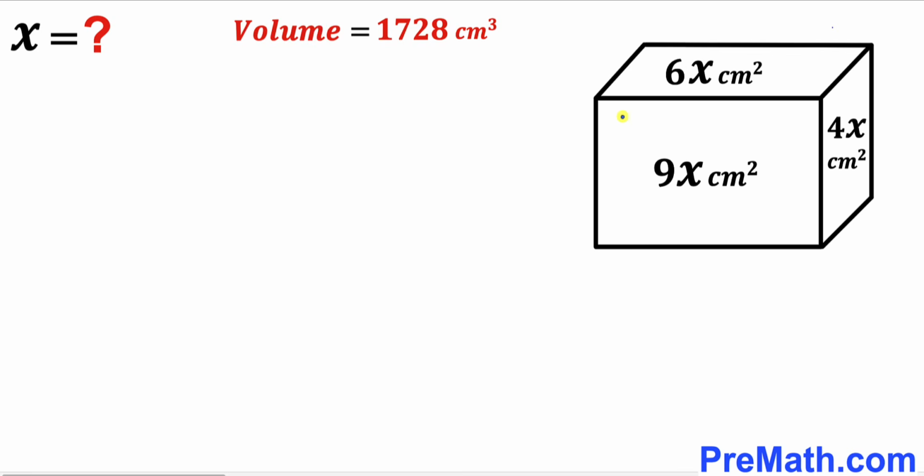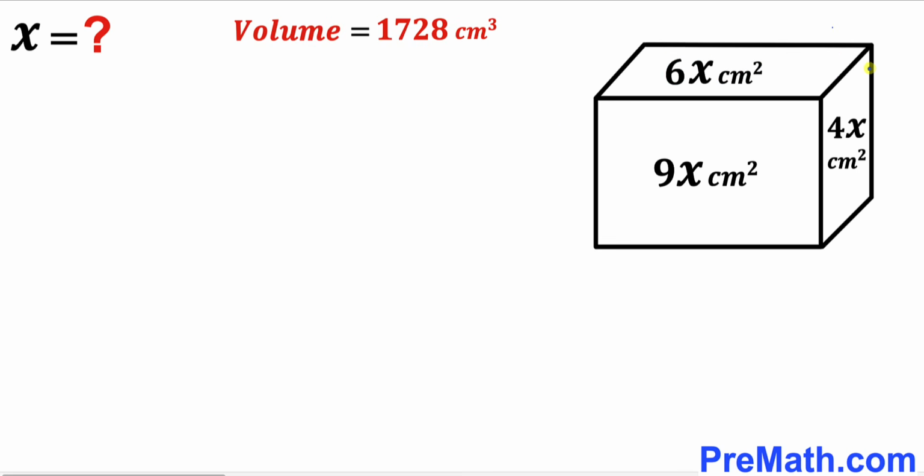We have got this closed rectangular box, as you can see in this given diagram, such that the area of this front rectangle has been given to us as 9x centimeter square. The area of this top rectangle has been given to us as 6x centimeter square.